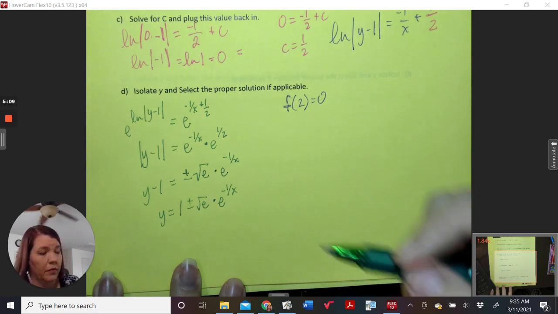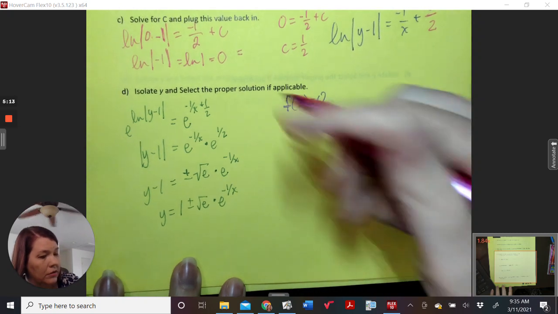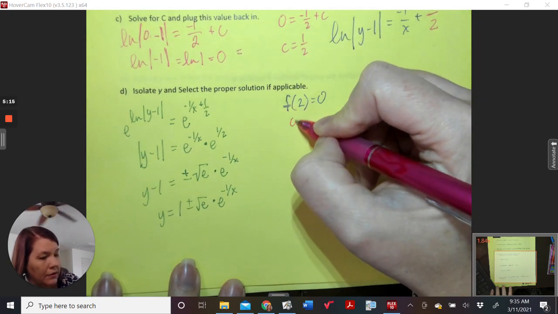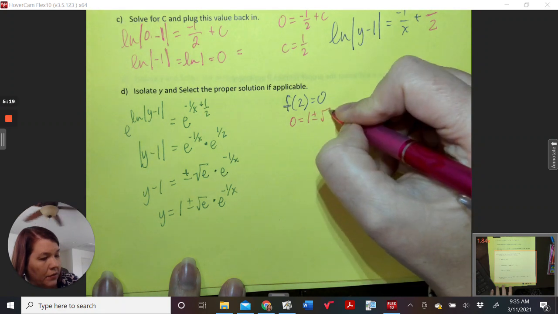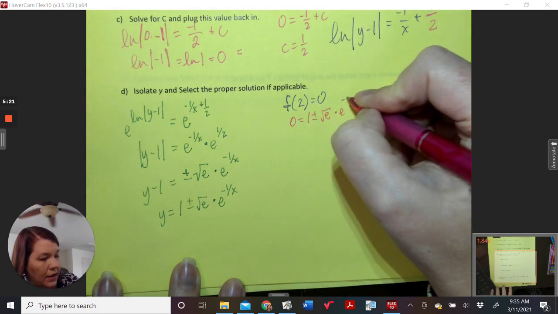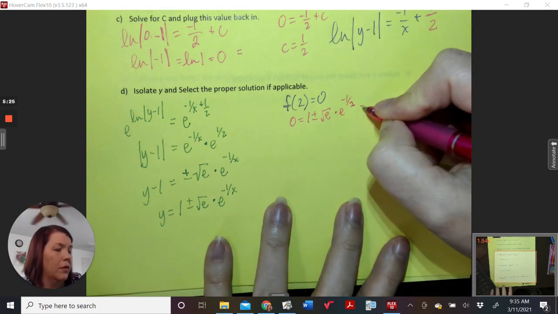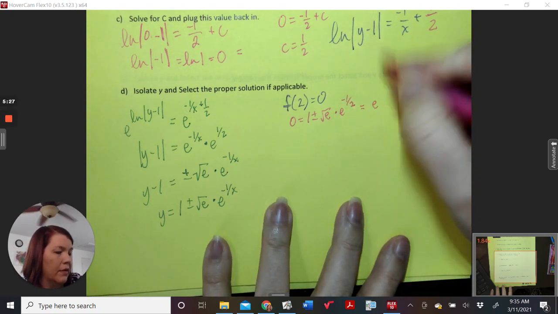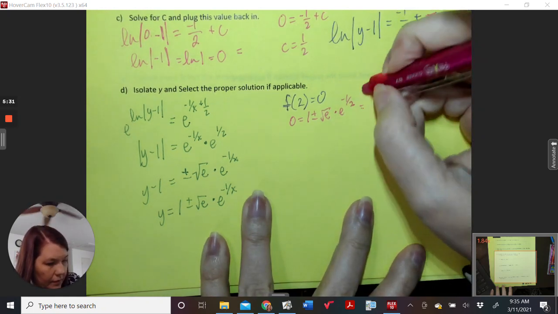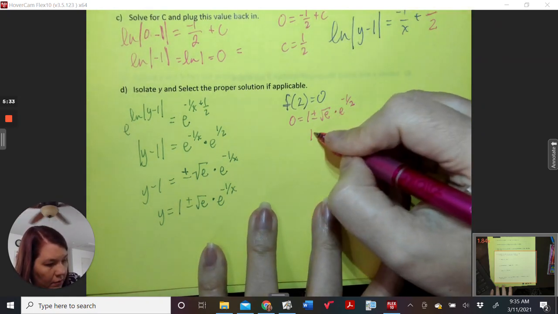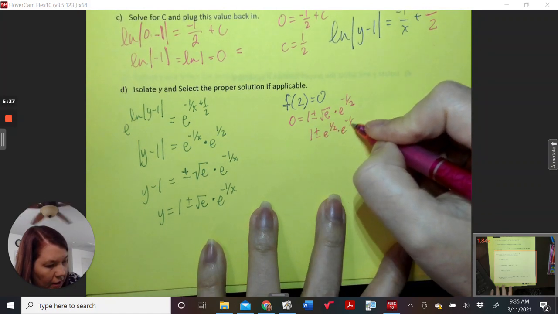So I'm going to go ahead and plug in my initial condition, and so I'll have 0 equals 1 plus or minus square root e times e to the negative 1 over 2, which means I have 1 plus or minus e to the 1/2 times e to the negative 1/2, which becomes e to the 0.